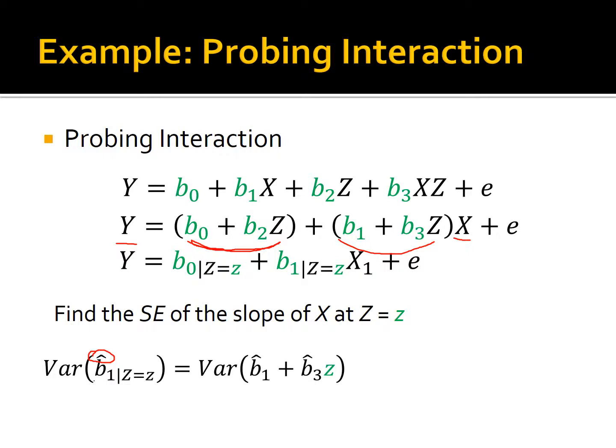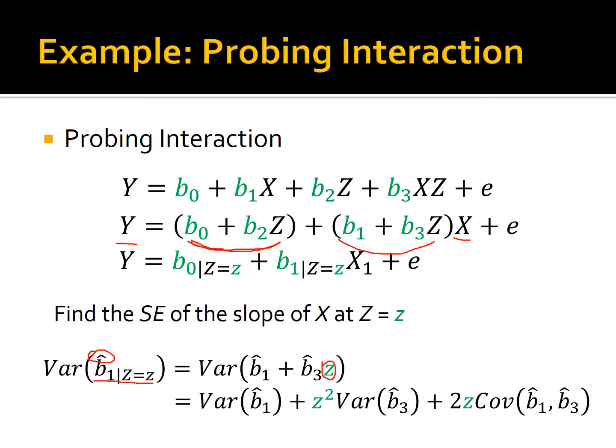So the variance of b1 given big C equal to small c equals the variance of beta 1 hat plus beta 3 hat times c. Because c is given, we can isolate it out, and we find it is the variance of the estimate of b1, plus c squared times the variance of the estimate of b3, plus 2 times c times the covariance of the estimate of b1 and the estimate of b3.